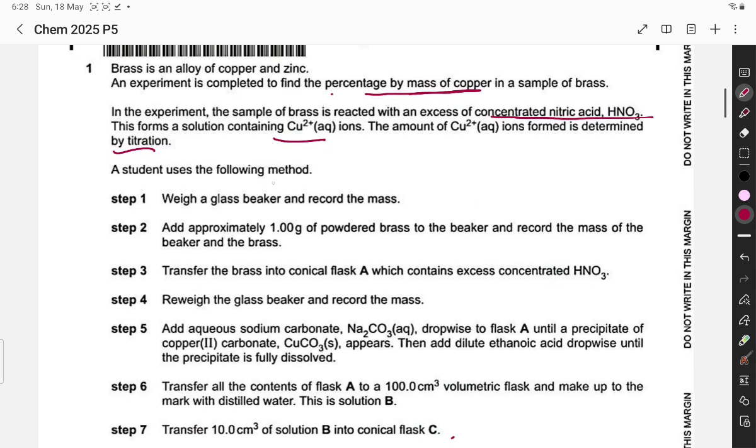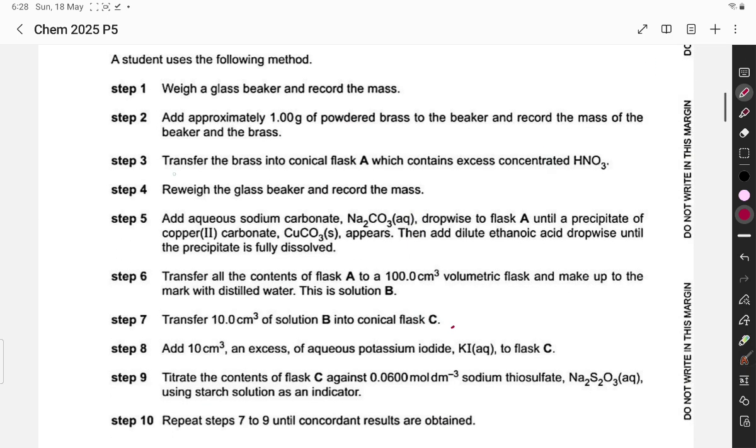A student uses the following method. Step 1: weigh a glass beaker and record the mass. Step 2: add approximately 1 gram of powdered brass to the beaker and record the mass of the beaker and brass. Step 3: transfer the brass into conical flask A, which contains excess concentrated nitric acid. Step 4: re-weigh the glass beaker and record the mass.